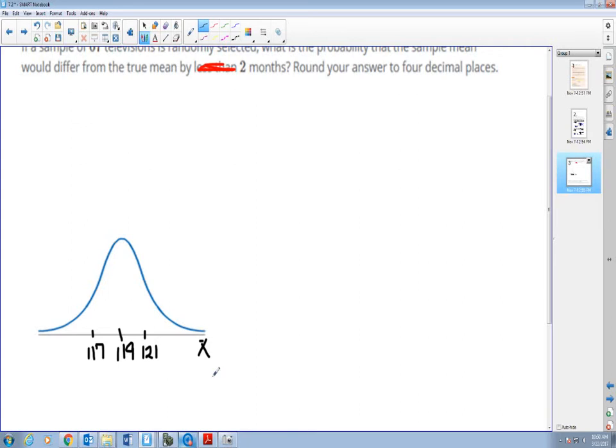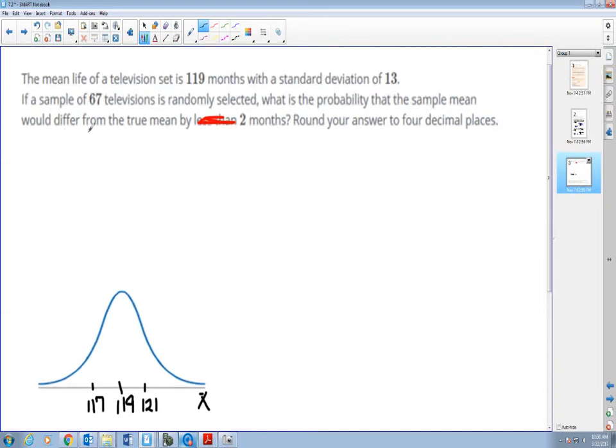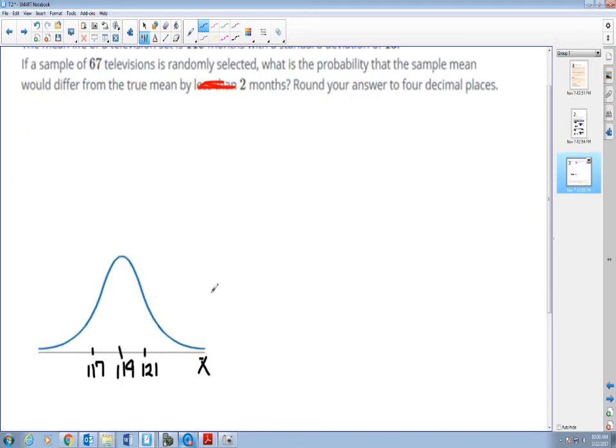So that's what that represents. Differ by 2 months, give or take, plus or minus 2 months.